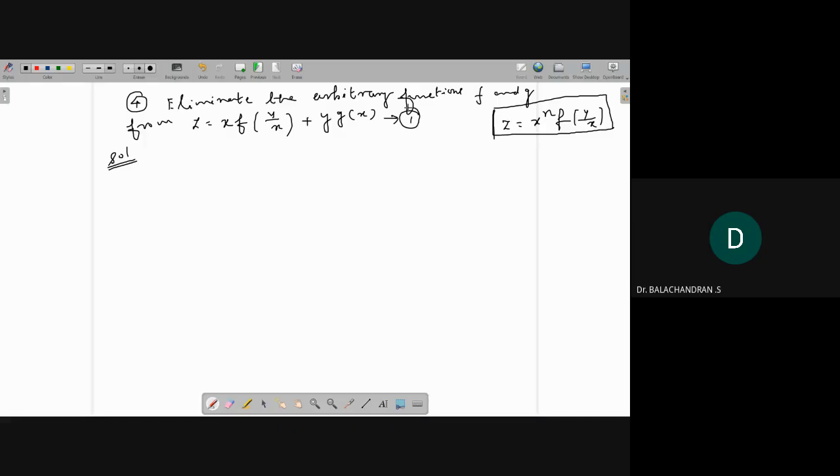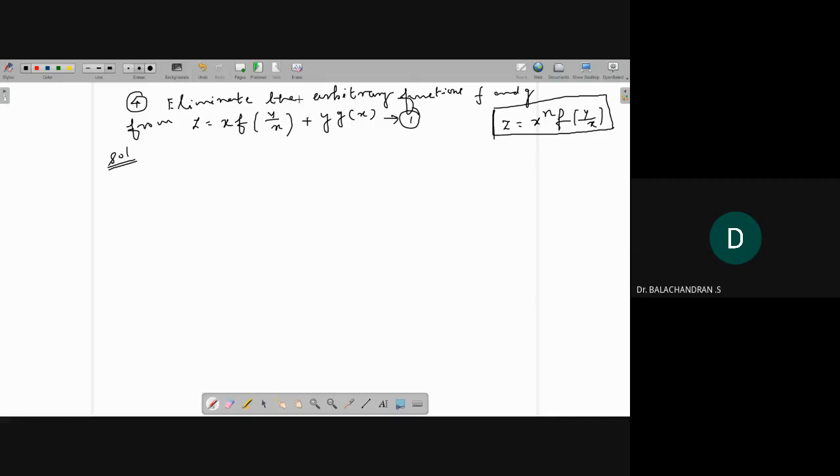Again here you have two functions. In that problem we had only one function, so the final answer was a first order PD. But here you have two functions, f and g. The last class also I solved problems with two functions. The final answer is second order.